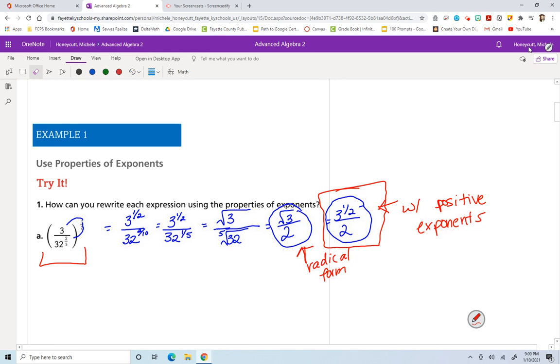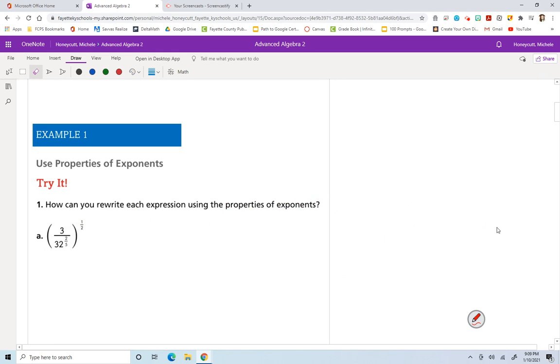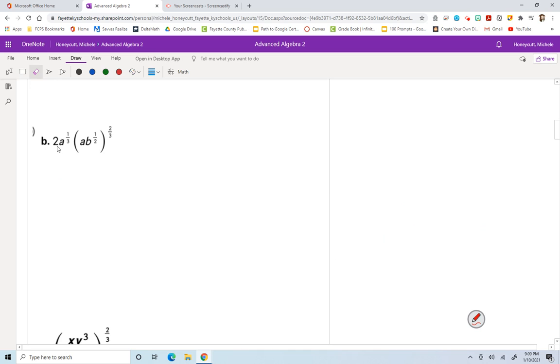All right, moving on. The second one here, I see, okay, I've got parentheses raised to a power. This looks like we have another power of a power scenario. So power of a power means that this 2/3 gets distributed to both parts.